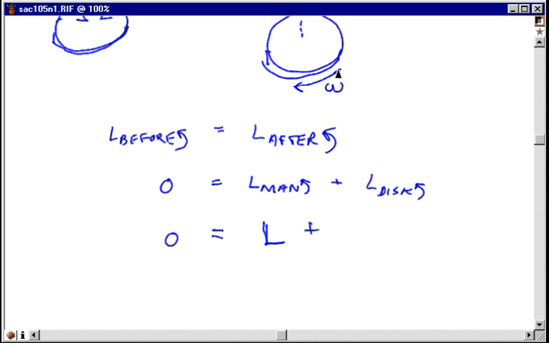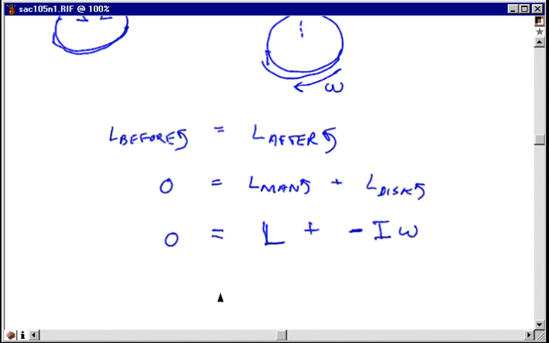Now in my picture I have defined clockwise as a positive omega, and therefore the angular momentum of the disk counterclockwise is minus I omega, where omega is clockwise. So in general, it's I times omega counterclockwise, but minus omega clockwise is the angular velocity counterclockwise.